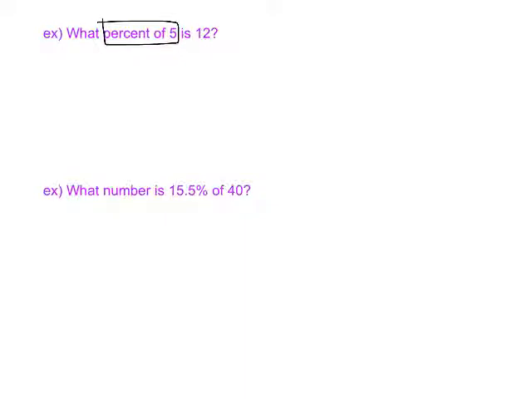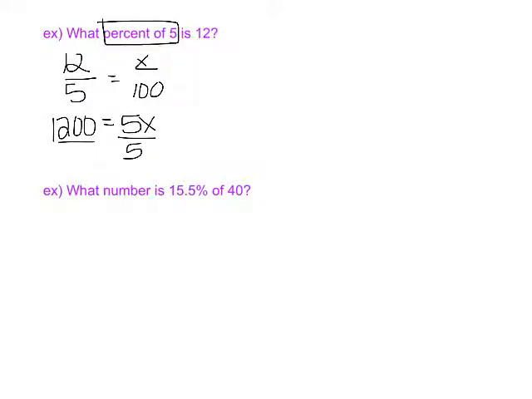So I'm going to have 5 as my denominator, and then I'm going to multiply by whatever my percent is. So there's my other side of my proportion, and 12 is what I'm looking at. And so I have 1200 equals 5x. When I divide by 5 on both sides, I'm going to get x equals 240%.